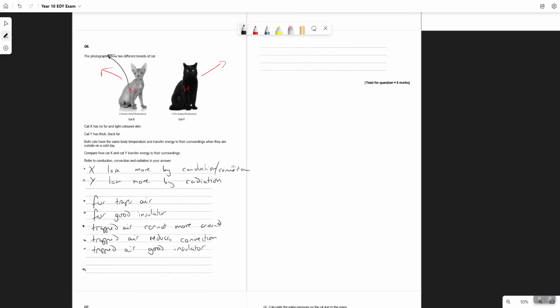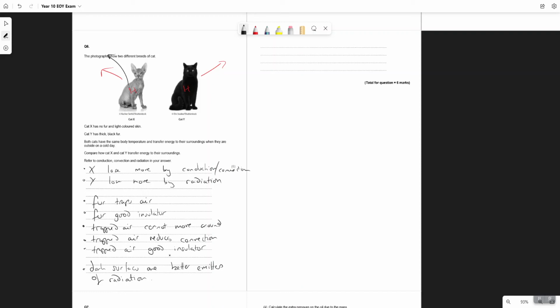However, on the other side, what else can we say? Dark surfaces are better emitters of radiation. Okay, so 1, 2, 3, 4, 5, 6, 7, 8.